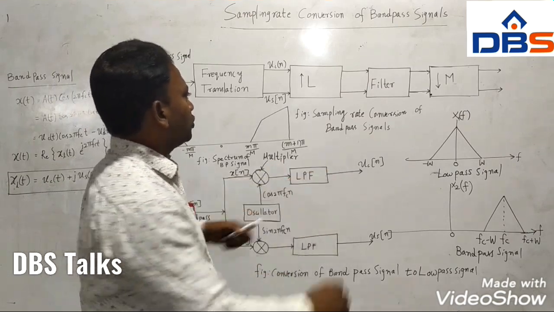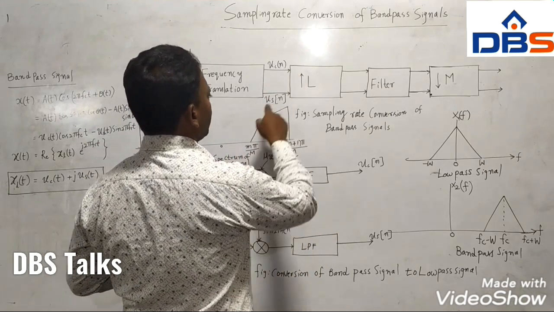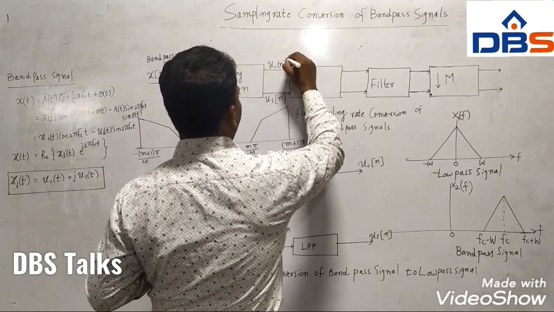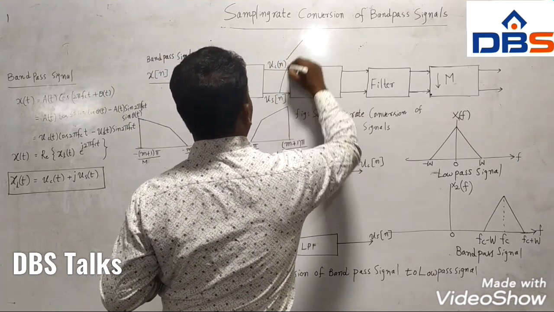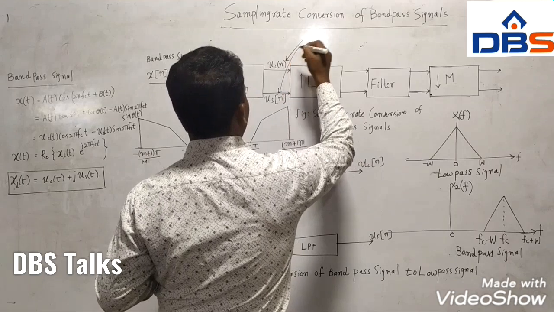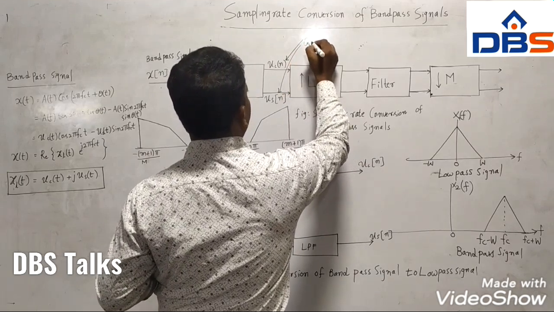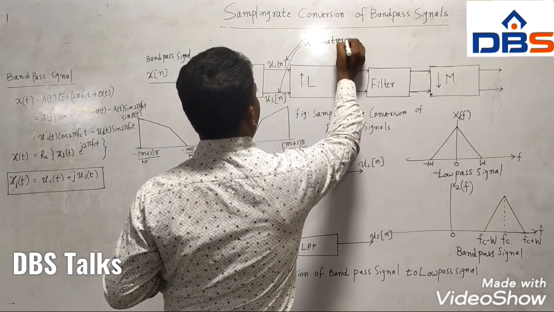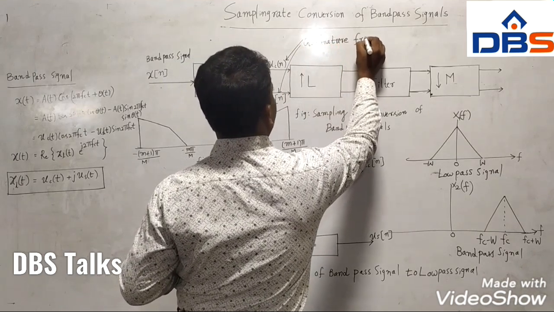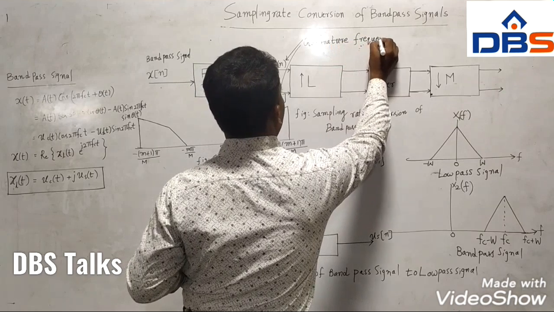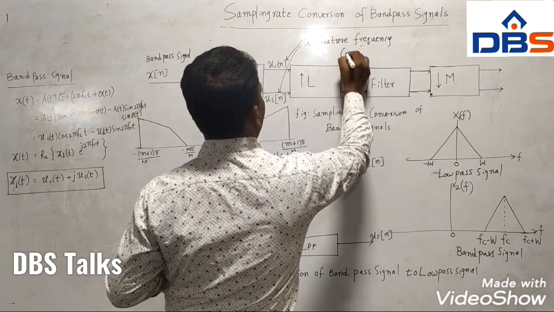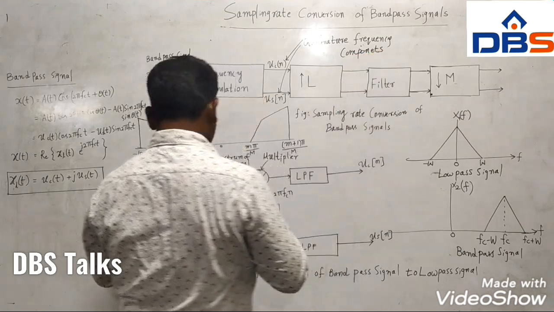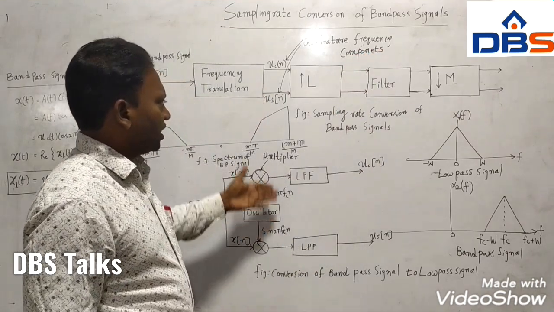Here also the same. Therefore Uc of n and Us of n are the two quadrature frequency components. They differ by 90 degrees.